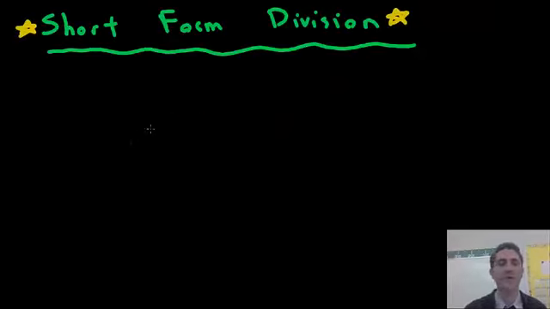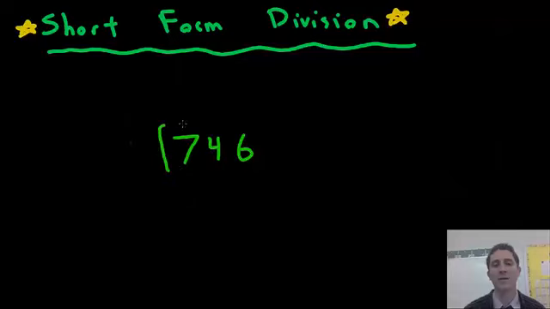Alright, let me look at another one for you. Write down the problem, and it's important you write it down and do it along with me, because that's how you're going to learn, by actually doing the steps. Let's do 746 divided by 6. I'm going to go through the same steps as last time. How many times will 6 go into 7?